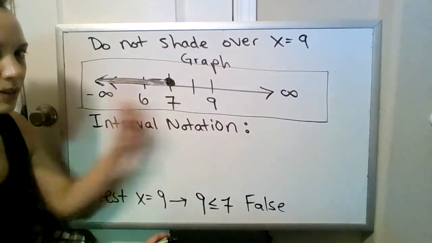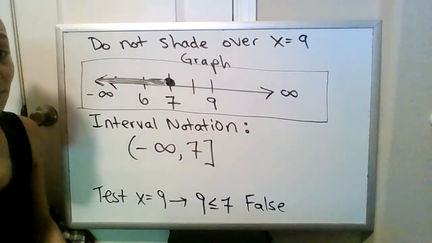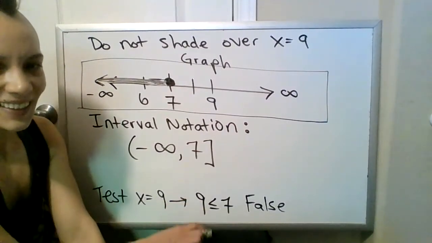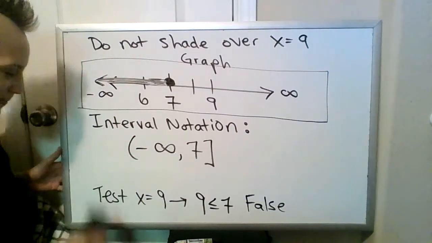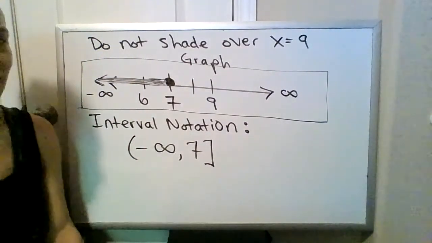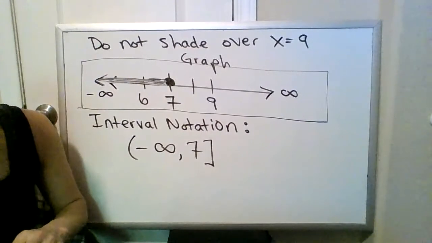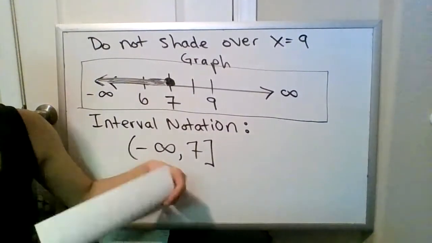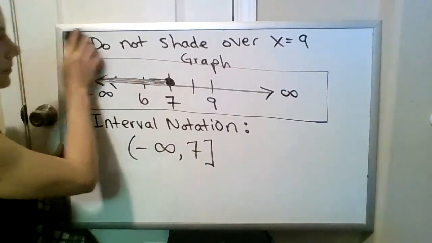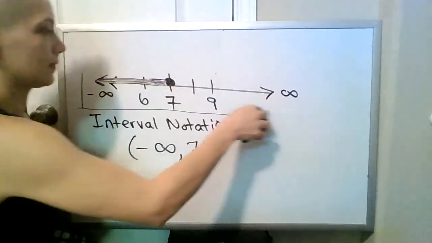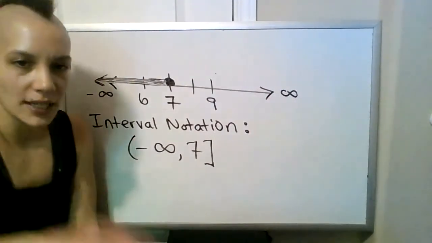So from negative infinity over to 7. So let's check if anyone has questions.